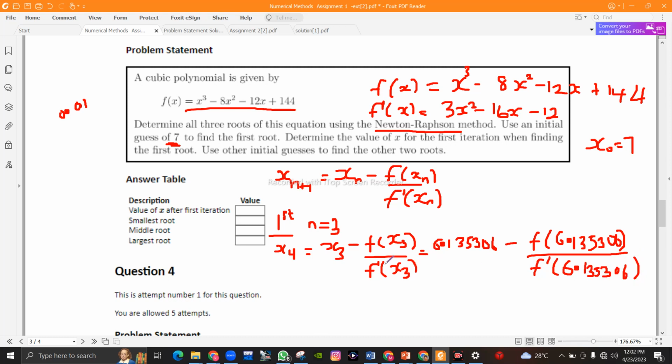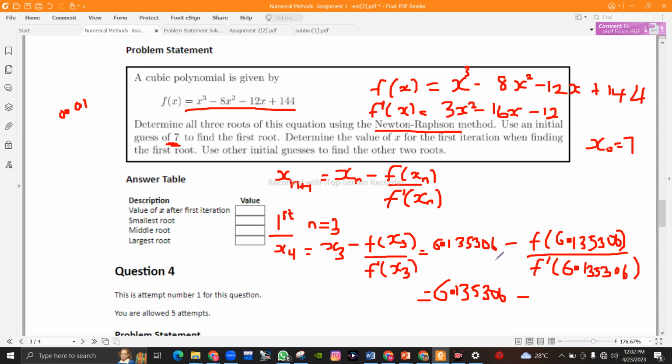So we do this, you're going to have your x4. Take this function, whereby the x now is 6.135306. So we are going to put it inside this function.